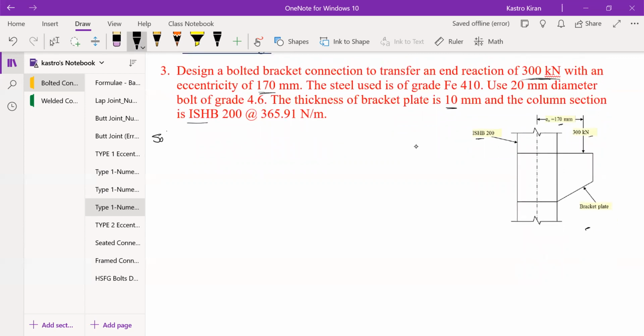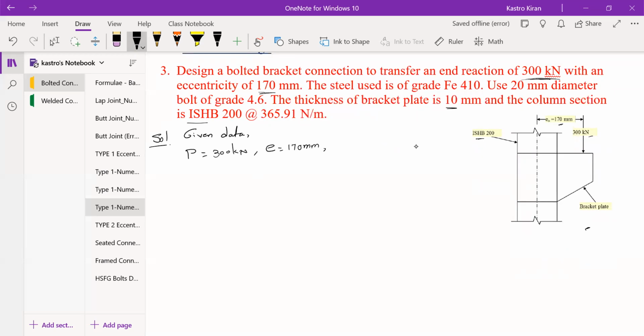So the solution can be written as, initially we have to write the given data. Given data: the load P equals 300 kilonewtons, and the eccentricity, denoted with small e, is 170 mm.